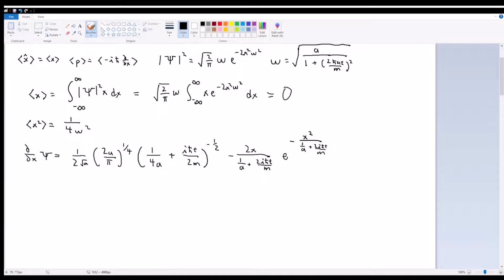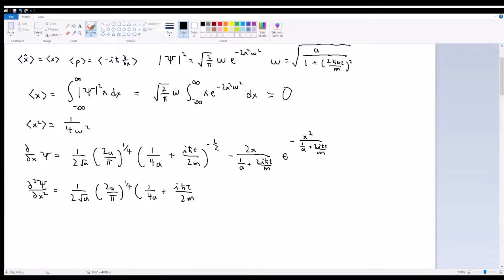Next, we want to take the second derivative of this. So d2 psi by dx squared is going to equal the same thing at the front: 1 over 2 root a times (2a over pi) to the power of 1/4, times (1 over 4a plus i h bar t over 2m).